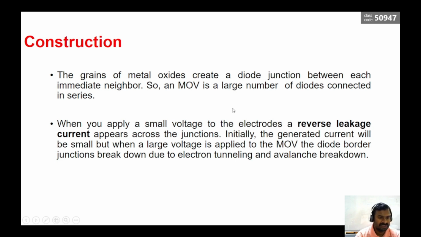When you apply a small voltage to the electrode, a reverse leakage current appears across the junction. Initially, the generated current will be small. But when a large voltage is applied to the MOV, the diode's barrier junction breaks down due to electron tunneling and avalanche breakdown. At this point, it allows current to flow through the device.